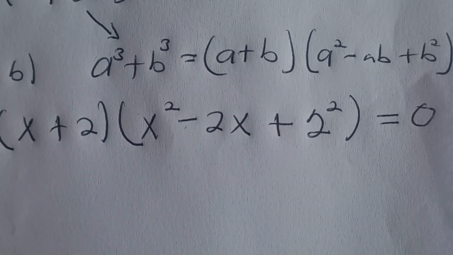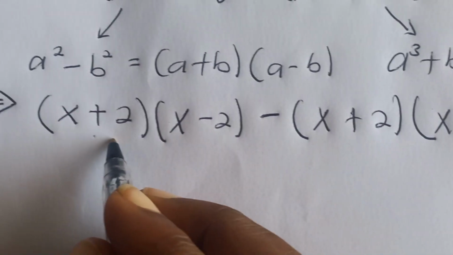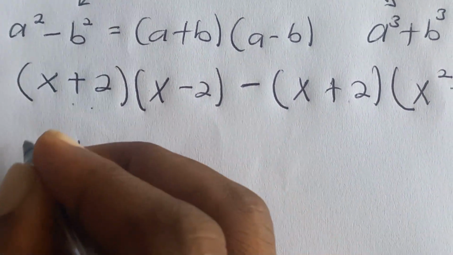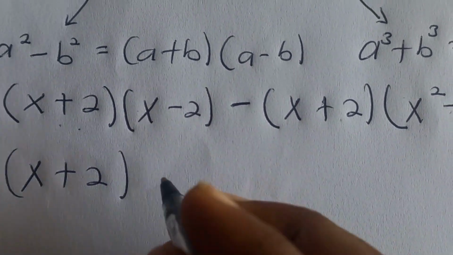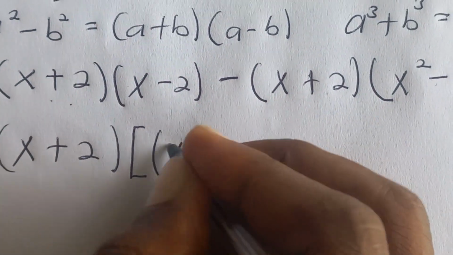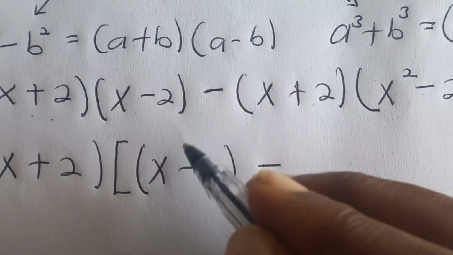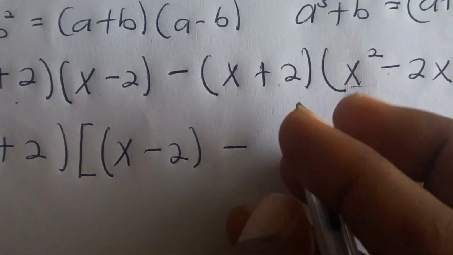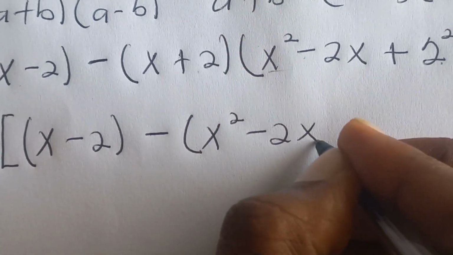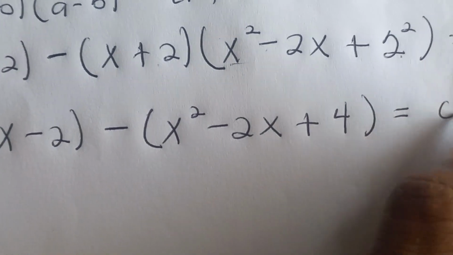Okay, so now we have x plus 2 here, x plus 2 here. So we factorize x plus 2 out. Now, in the bracket we are left with x minus 2, then minus, and for this side, it's left with a quadratic, which is (x squared minus 2x plus 2 squared, which is 4) is equal to 0.